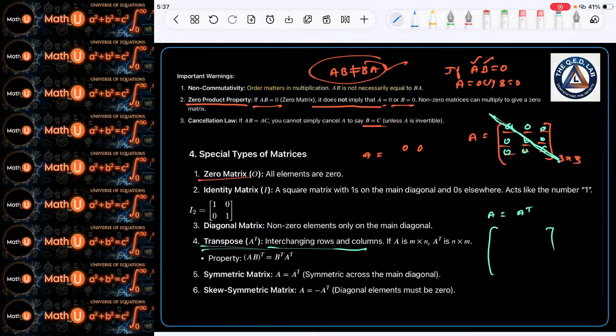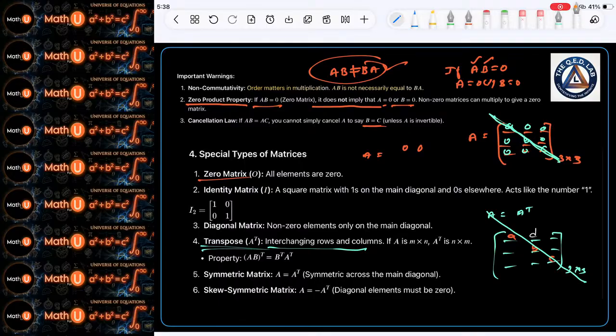For example, if I consider a 3 by 3 matrix, these are the positions. The diagonal elements can be any real number. If you want a symmetric matrix, the diagonal can be any real number, A, B, C. Just take the mirror image across this diagonal.